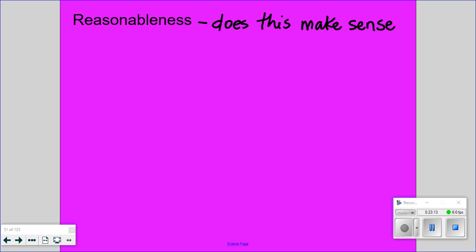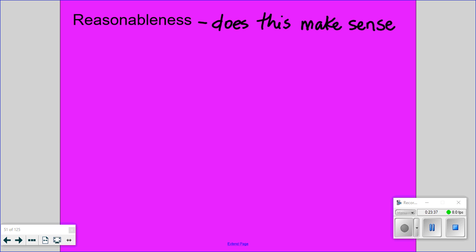A not reasonable answer would be 100. Does 3 groups of 5 make sense that it would be 100? No. Reasonableness is kind of like estimation. What's a close-to number that would kind of make sense? That's what it's talking about. Does that make sense?